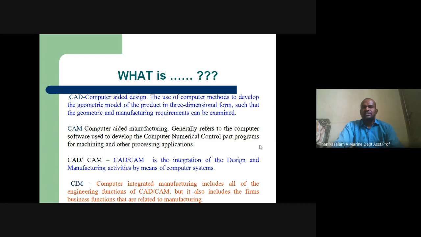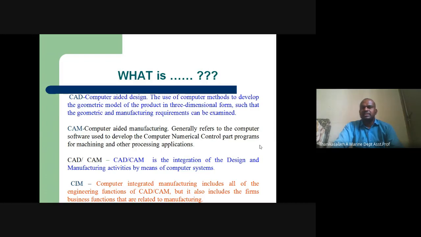CAD CAM is the integration of design and manufacturing activities by means of computer systems. Finally, CIM, Computer Integrated Manufacturing. Computer integrated manufacturing includes all of the engineering functions of CAD CAM, but it also includes the firm's business functions that are related to manufacturing.